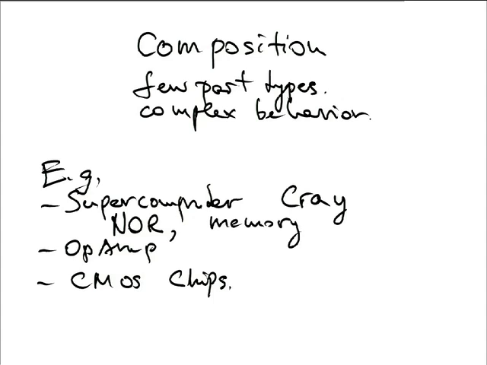Complementary metal oxide semiconductor technology, but the complementary really means that there are just two types of elements. There are two different transistors, called NMOS and PMOS.